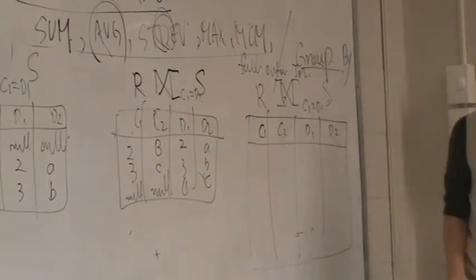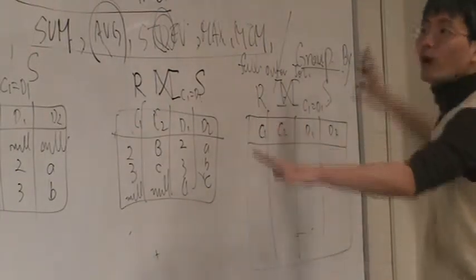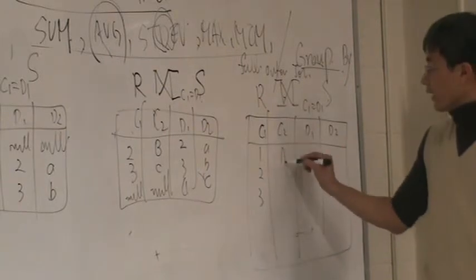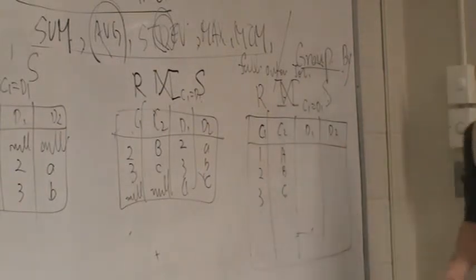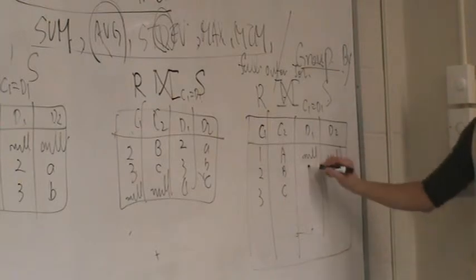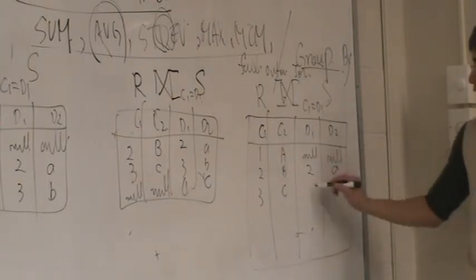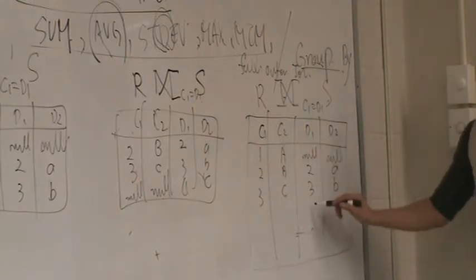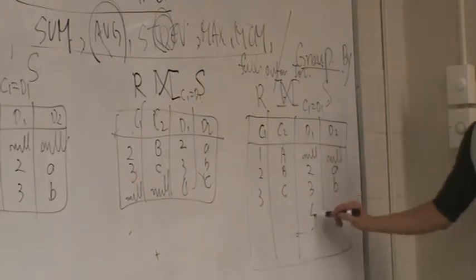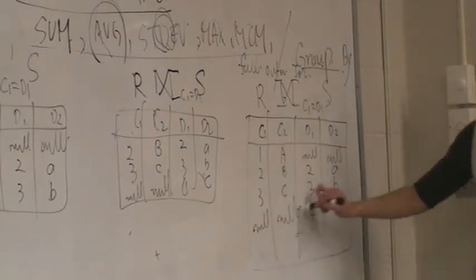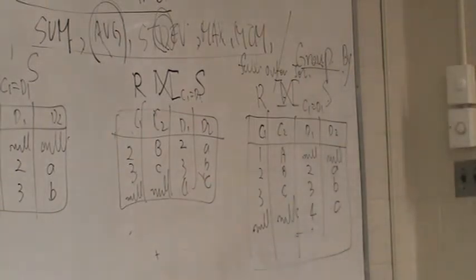Keep all the data, both left and right. First left, 1, 2, 3, A, B, C. Then null, null. This is 2A, 3B. And also keep 4, C. Then null, null. This is a full outer join.